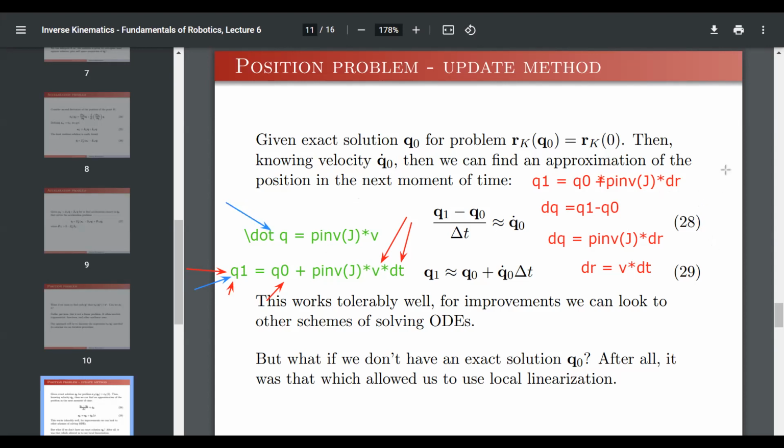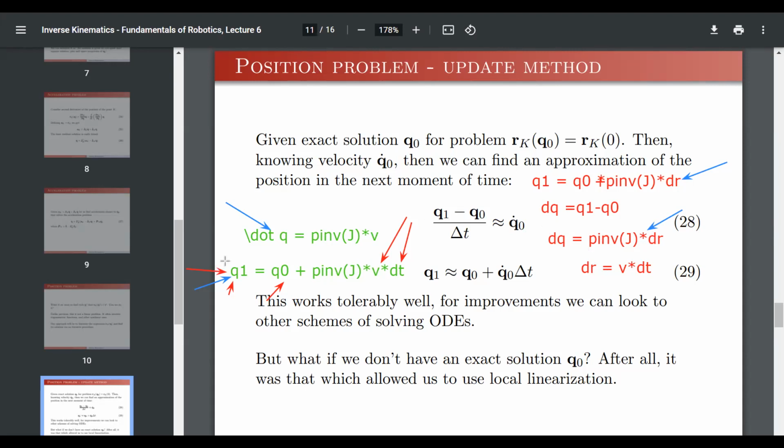But then we could try to introduce notations that would make it a little bit more interesting. And then we get this guy that kind of looks like a definition of what Jacobian is, but upside down. And if we rearrange it, we can say dq/dr is equal to pinv of J, or dr/dq is equal to J.